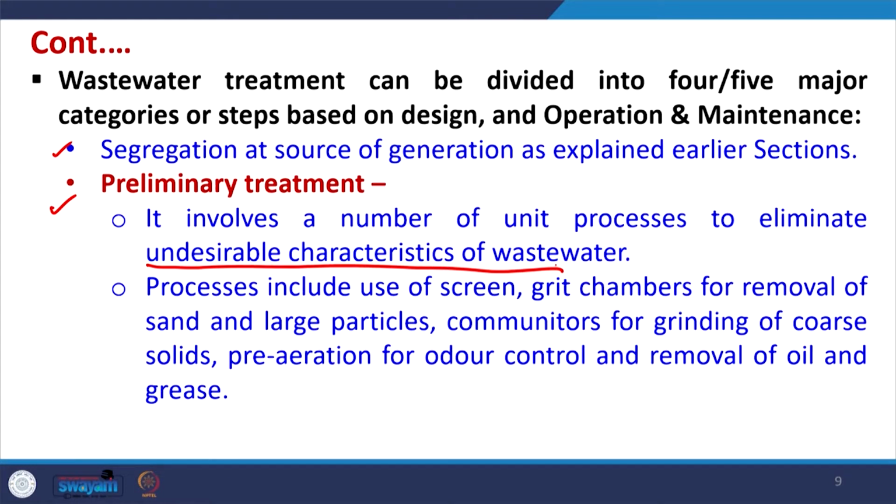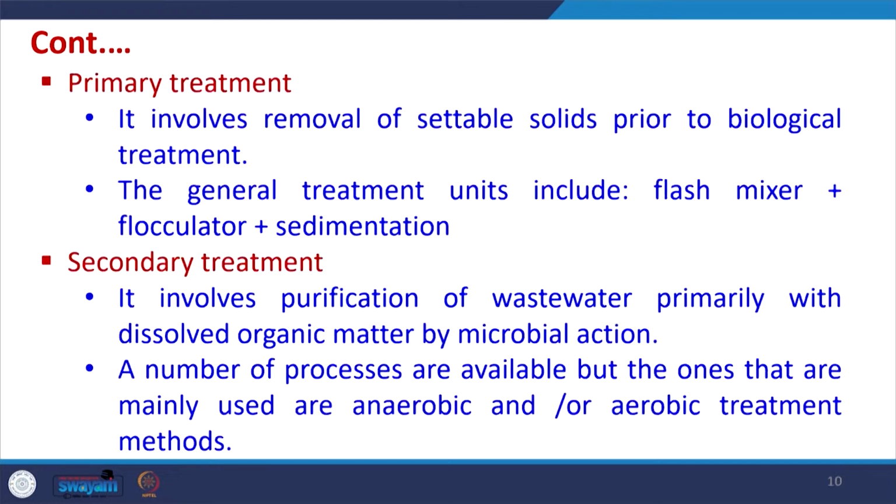These may include screens, grit chambers for removal of sand and large particles, comminutors for grinding the coarse solids, and pre-aeration for odor removal and also for removal of oil and grease. So, all these options are there.